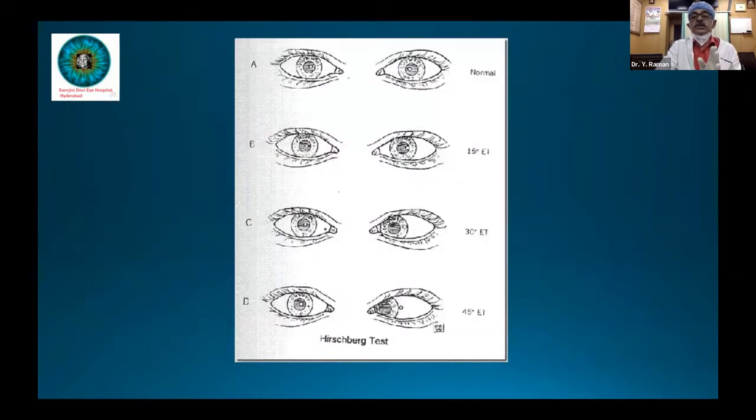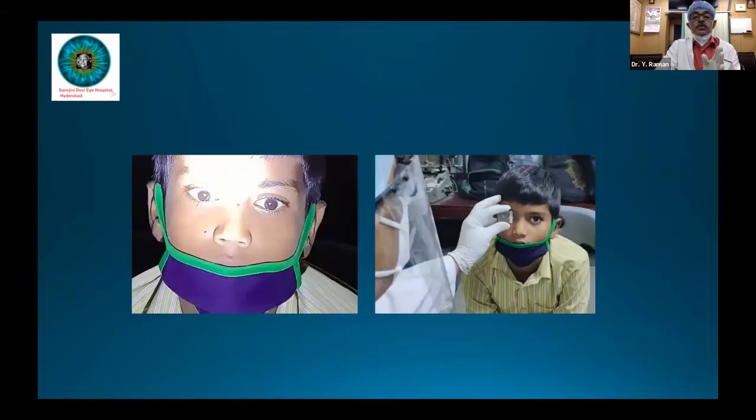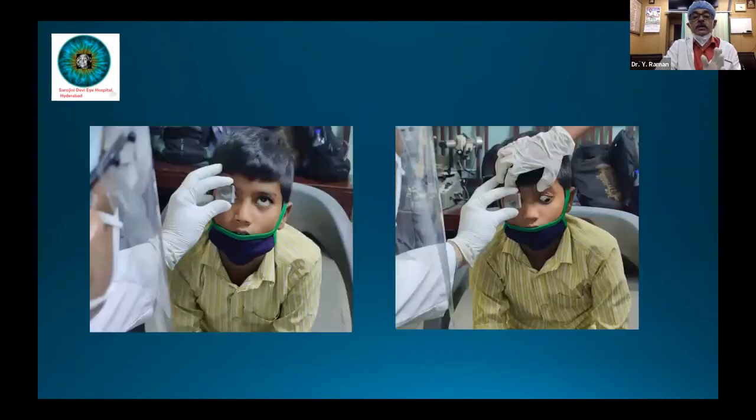This is Hirschberg's corneal reflex test, which gives you a rough idea about the deviation. And you do a prism bar cover test always by putting the base away from the side of deviation. Assess the deviation both in upgaze and downgaze, so that you will know about pattern deviations.